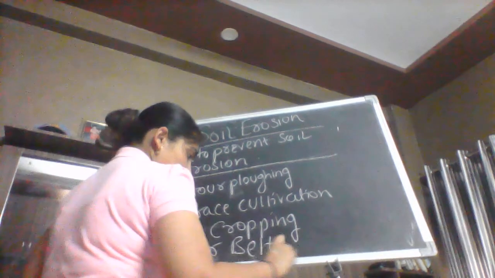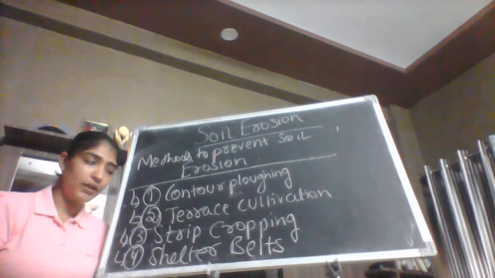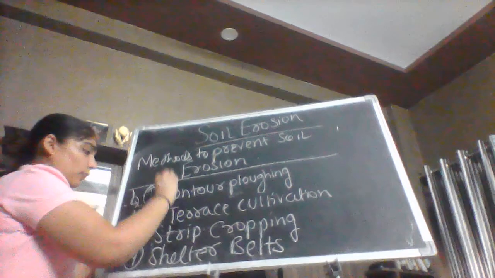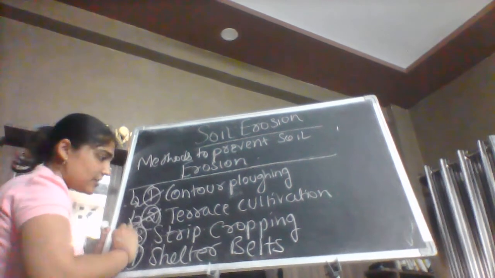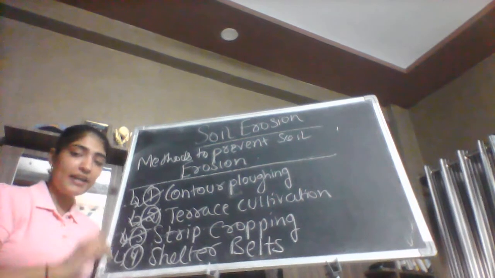So these are the methods to prevent soil erosion or to conserve the soil. In today's class, I will discuss contour plowing, terrace farming and strip cropping. The shelter belts topic I will cover in the next video.